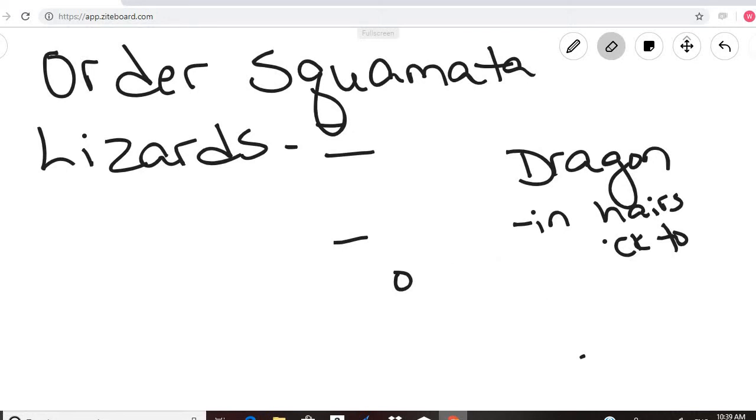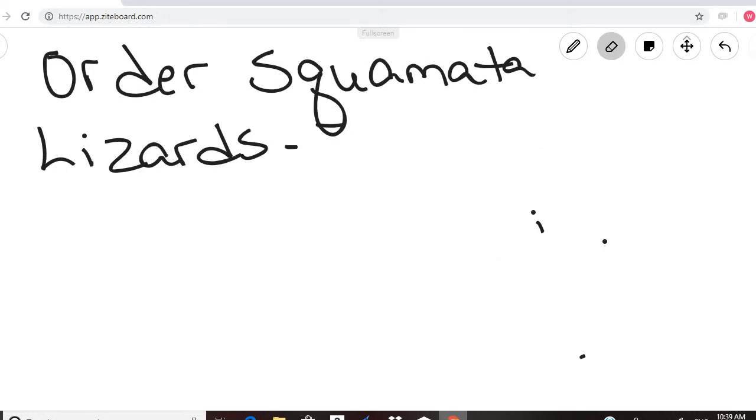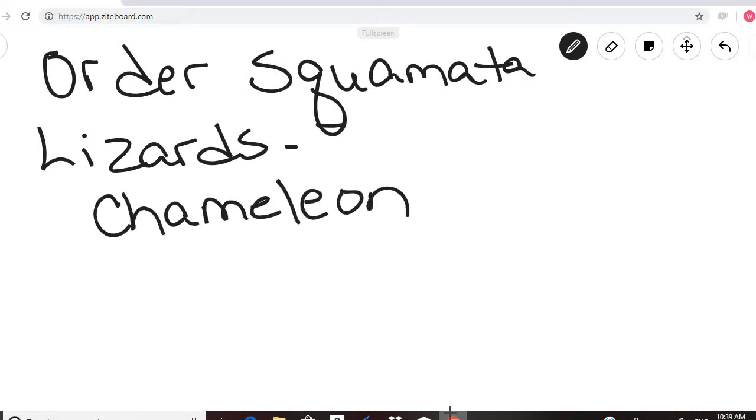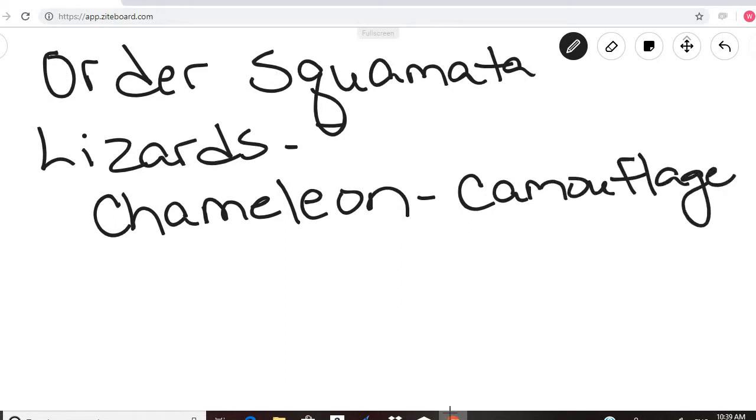One interesting example of a lizard is a chameleon. Chameleons use camouflage, so they're able to change their color to match their surroundings, both as a way to better sneak up on prey, but also to prevent predators from detecting them.